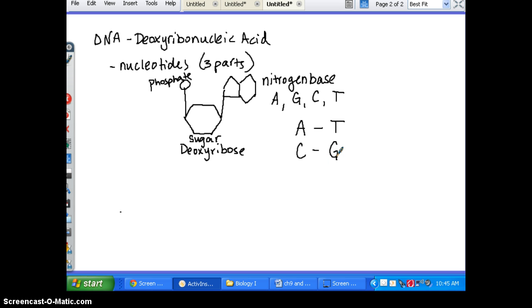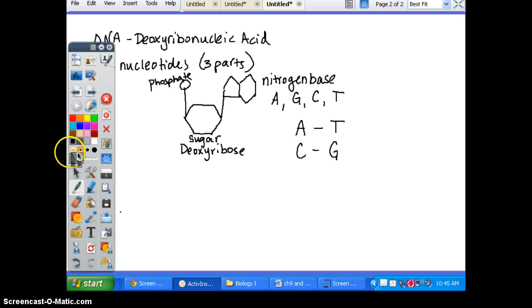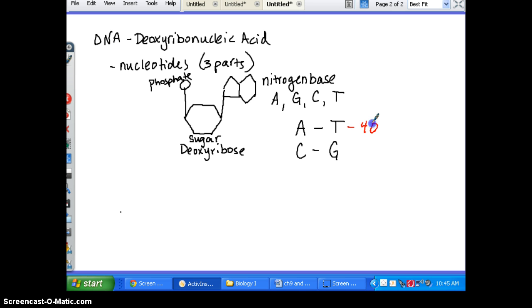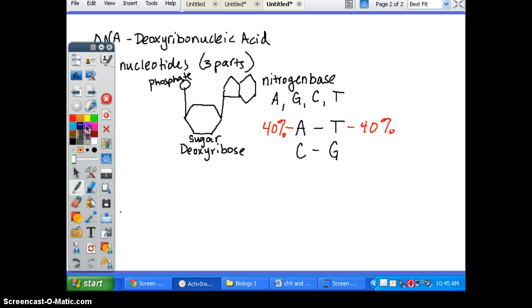Now one thing that came up in one of the mini quizzes we took is percentages. If you were to see thymine being 40% in a cell, then we would know that adenine also had to be 40% because these match up. In order for one of them to be 40%, the other one also has to be 40%.